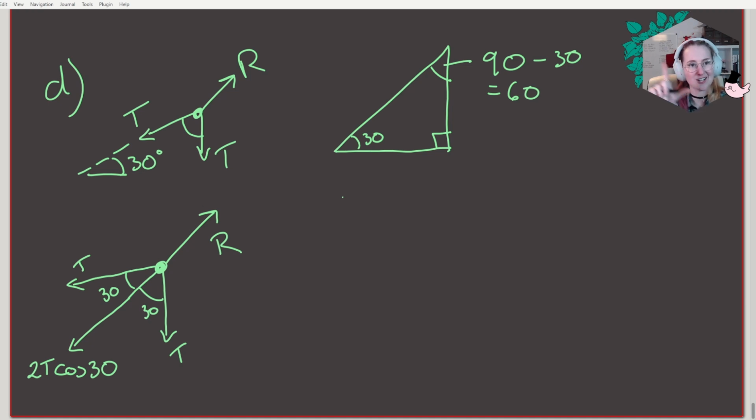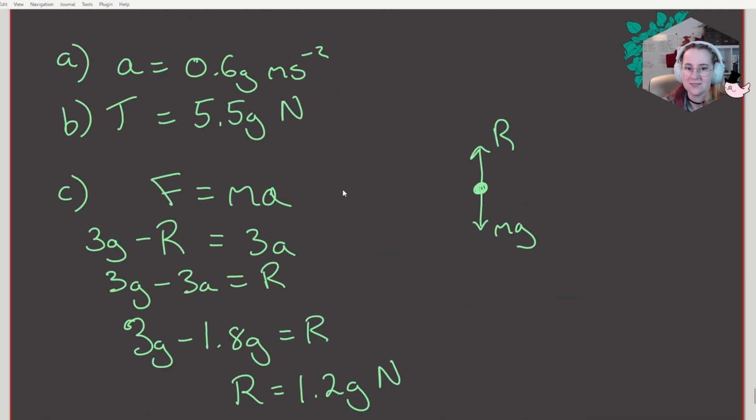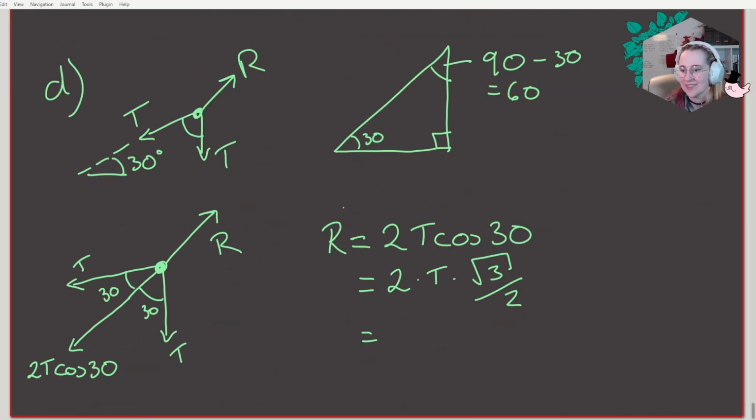So because the reaction force or the effect of the pulley on the string is the same as the string on the pulley, acceleration in that direction is 0. So we have that R is 2T cos 30. Remembering our geometry, our trigonometry, we've got 2, we've got T, we've got cos of 30 is √3/2. So T is 5.5 g.